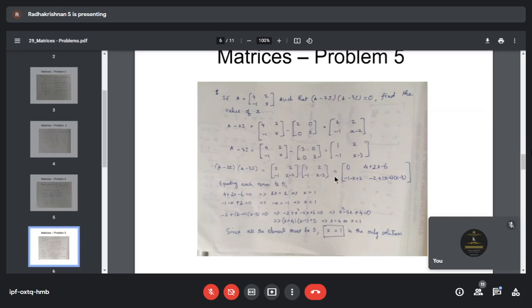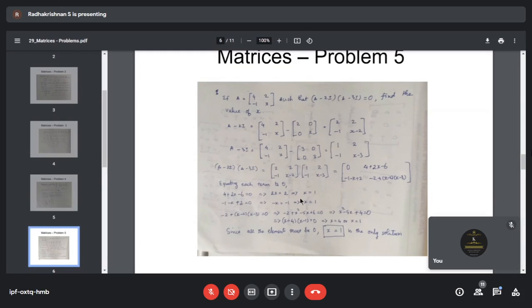What you get is 0, 4 plus 2x minus 6, minus 1 minus x plus 2, minus 2 plus x minus 2 into x minus 3. Okay, so this is what you get. So now you have to equate each term to 0.